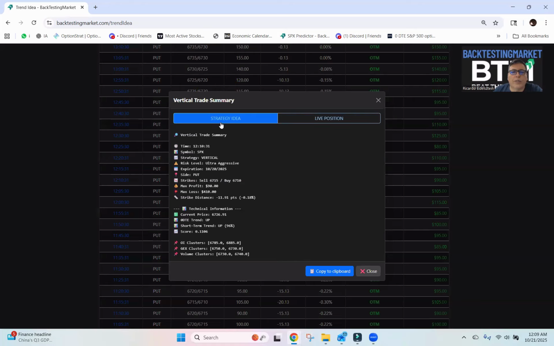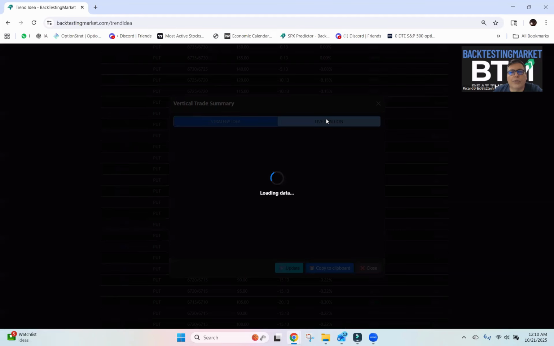It's going to give us the strategy idea. The time 1210, SPX, it's a vertical, ultra aggressive, October 20. The side is put, so it's a put credit spread. You will sell 67.15 and buy 67.10. One thing that I like in BTM is that it will show you the live position.